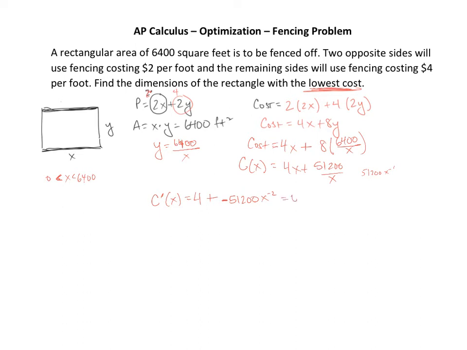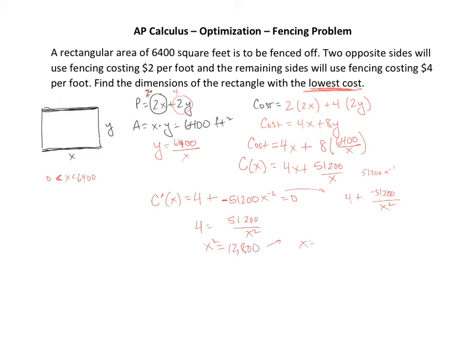So we're going to say 4 equals 51,200 over x squared. If you're not sure what I did here, I said 4 plus negative 51,200 over x squared, and then I brought it to the other side to make it positive. Cross multiply, and you end up with x squared being 51,200 divided by 4, which will give you 12,800.